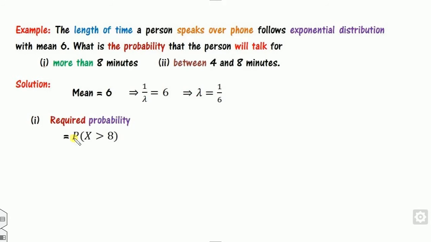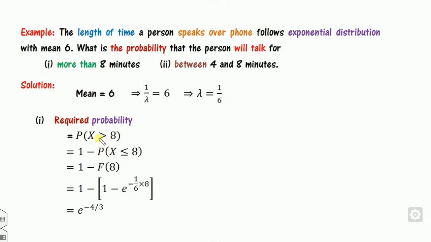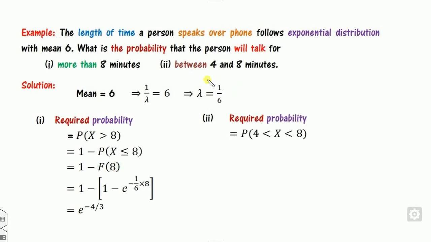How do you write this? You can write it in terms of the CDF. Greater than means this is 1 minus F of 8. What is F of x? 1 minus e raised to the power minus lambda x. So this is the required answer. For the second part, between 4 and 8, you can write it as F of 8 minus F of 4.